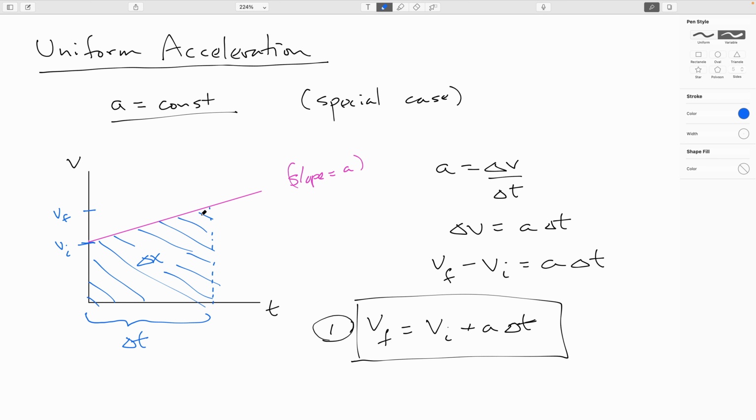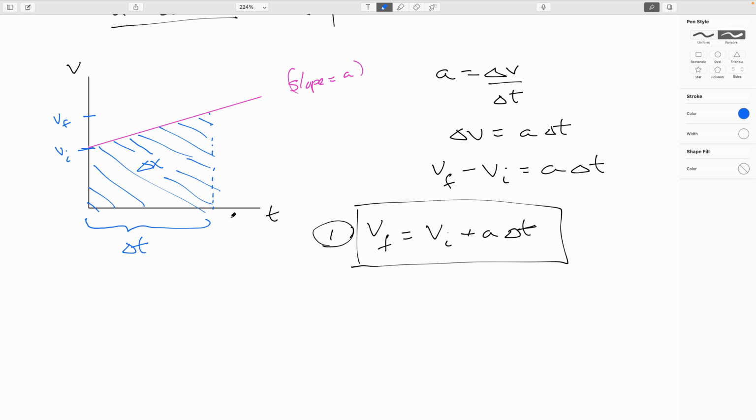Now this shape is a shape we hopefully remember from geometry. It's a trapezoid. Okay, maybe not. But it is a trapezoid, and the area for a trapezoid is something that we can look up. And so we'll say that the displacement is equal to the area under the curve.